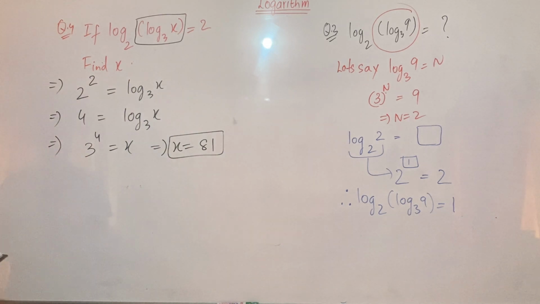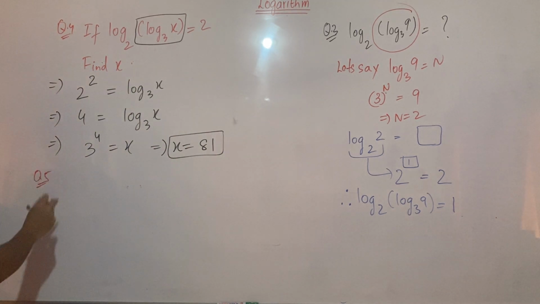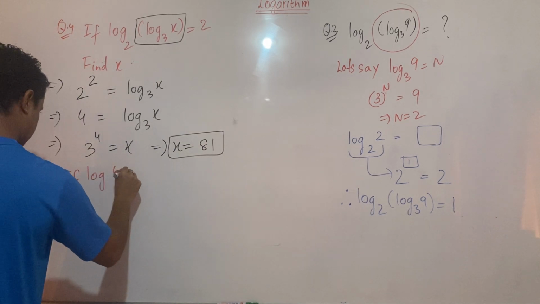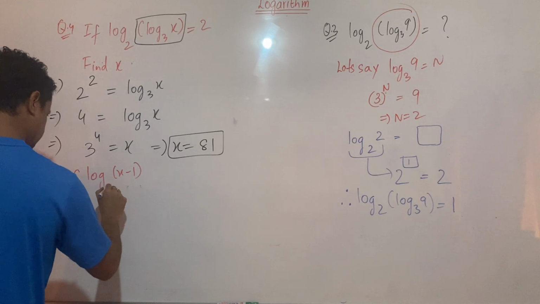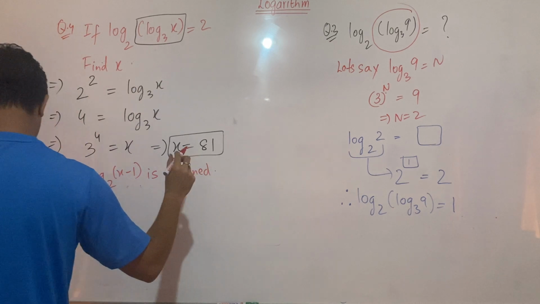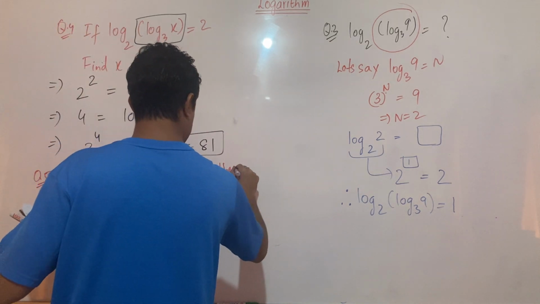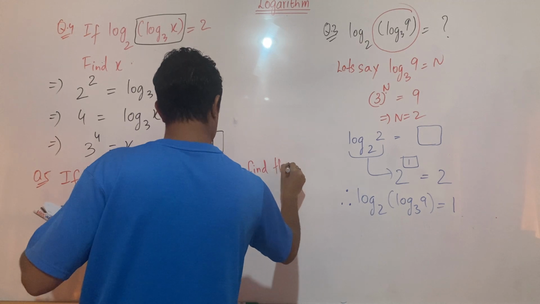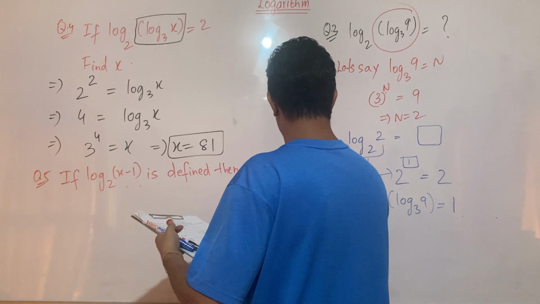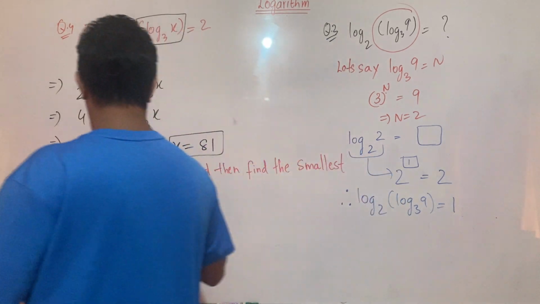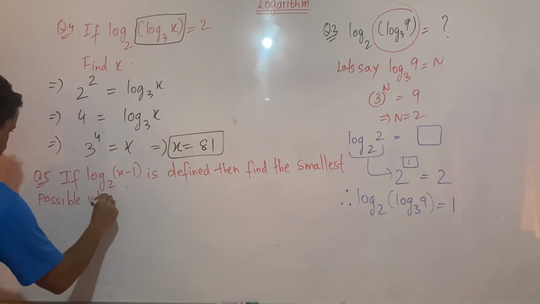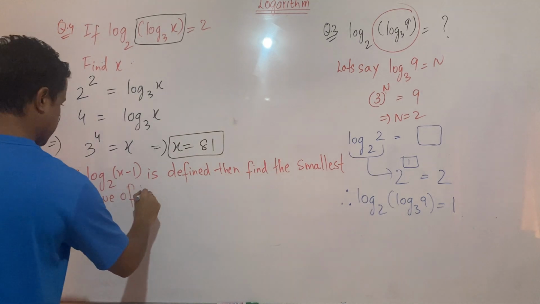Equation number 5, which says that if log of x minus 1 to the base 2 is defined, then find the smallest possible value of x.